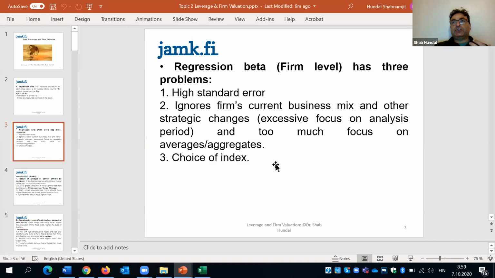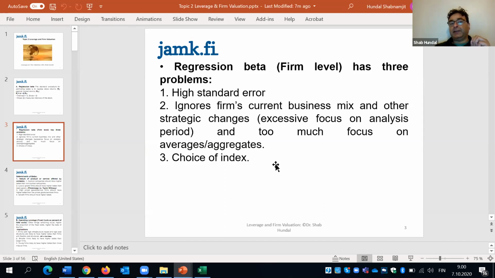What happens to my company today depends not on what happened 20 years ago, but on what has happened in the recent past. But when calculating the regression beta, you are not giving more importance to the recent past. You are giving equal importance to a stock return on, let's say, 3rd of March 2002 or 3rd of March 2020.